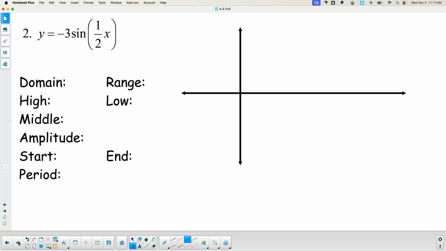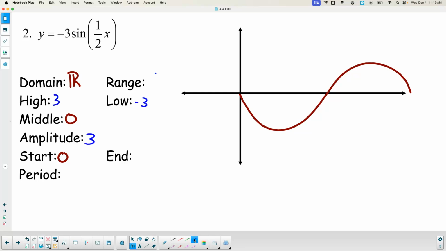Try that one. So it should just be a flip of the one that we just did.